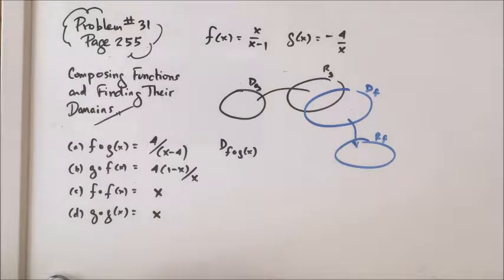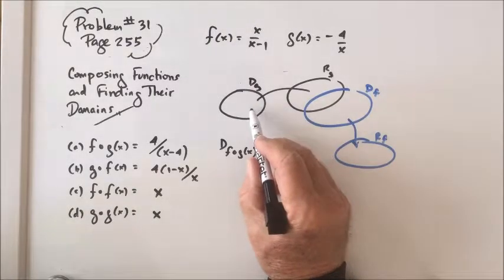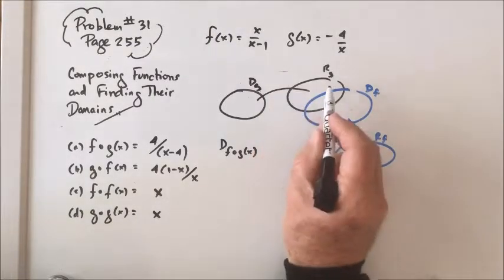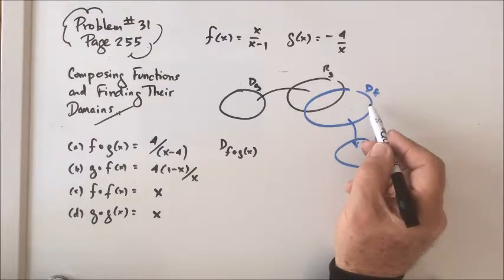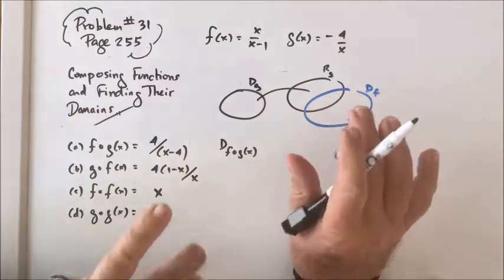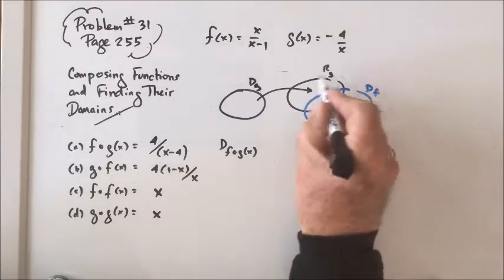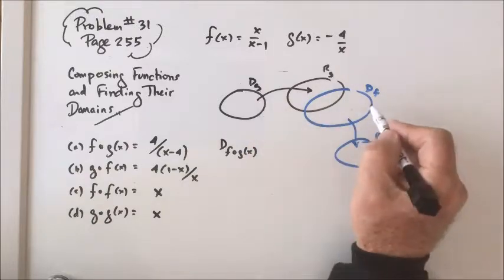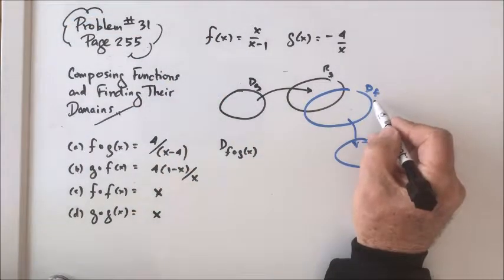And you can see it's a little bit tricky because there is only some fraction of the range of g that overlaps with the domain of f. I should have said that it may be the case that there is only a fraction of this entire range of g which overlaps and can be put into the domain of f.